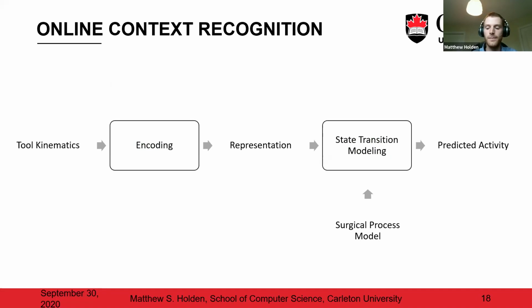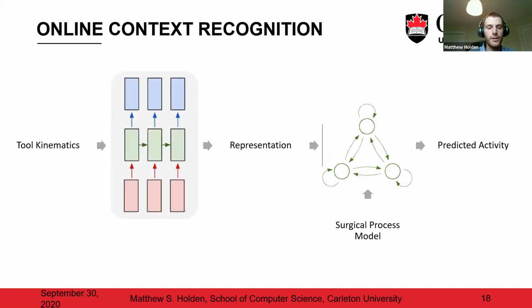So for example, the way that we do this in practice is we encode our tool kinematics data into a vector representation using a recurrent neural network. And then given the representation, we build a state transition model based on the surgical process model.